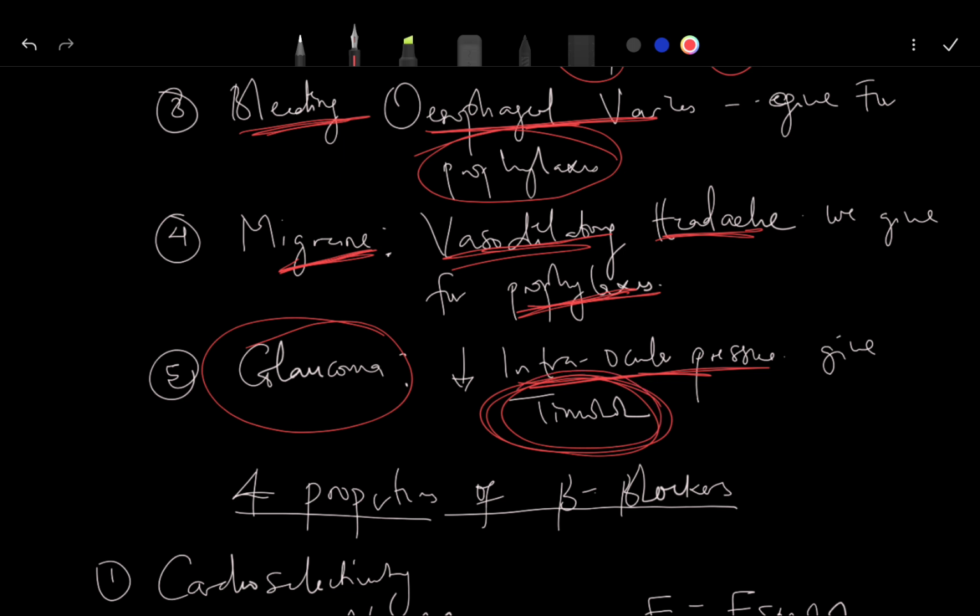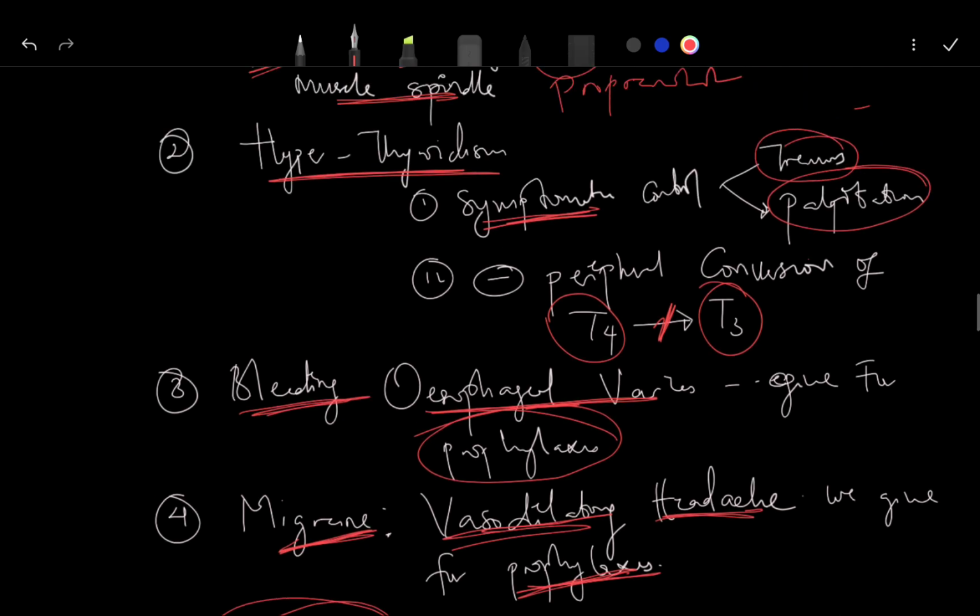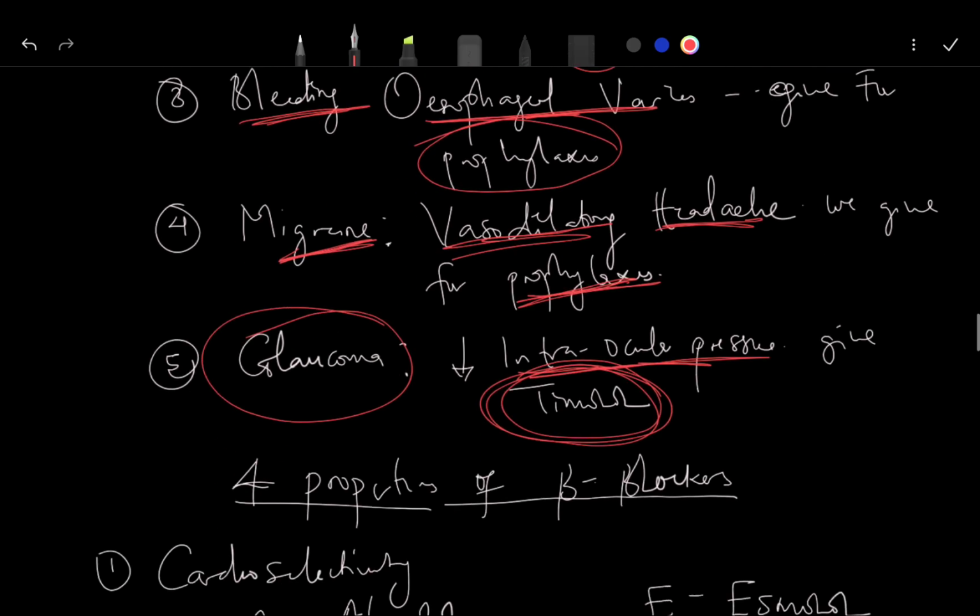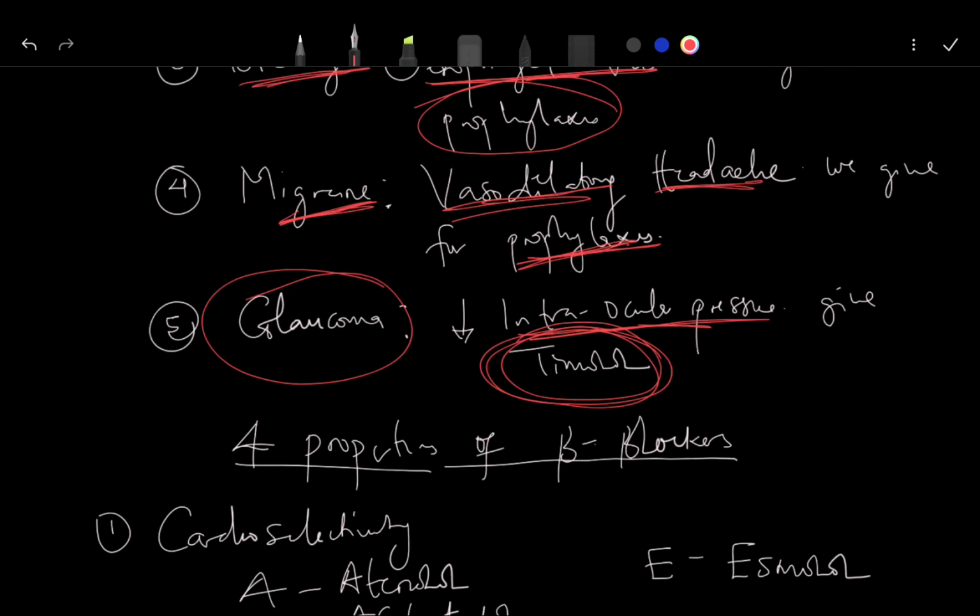Note, we don't use propranolol for this. For all the other extracardiac effects so far, propranolol is used, but in glaucoma we don't give propranolol because propranolol is a membrane stabilizing agent. It has the ability to block sodium channel, and if you block sodium channel, you'll be acting as a local anesthetic.